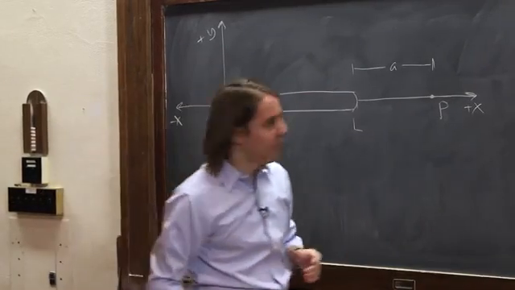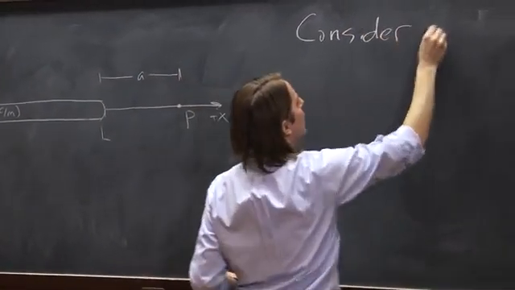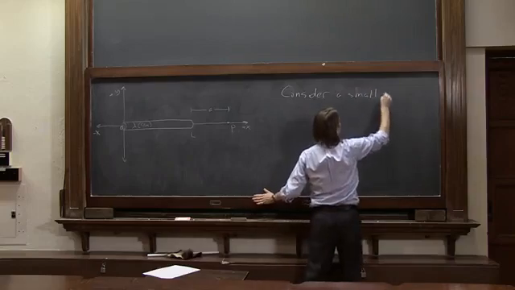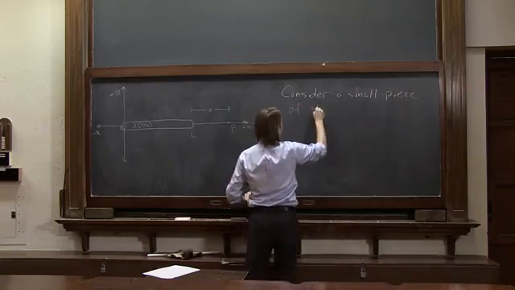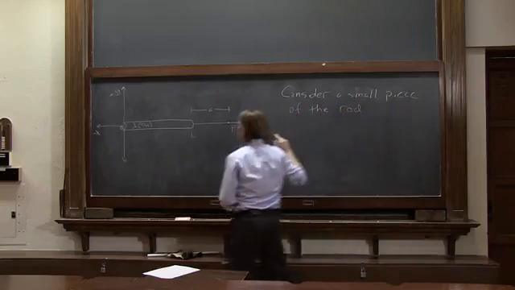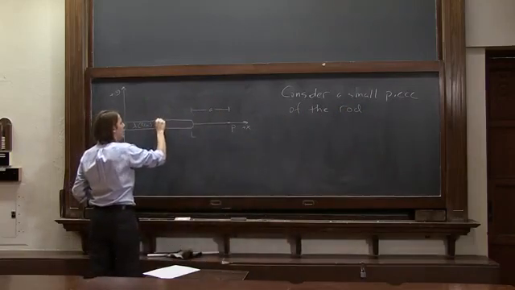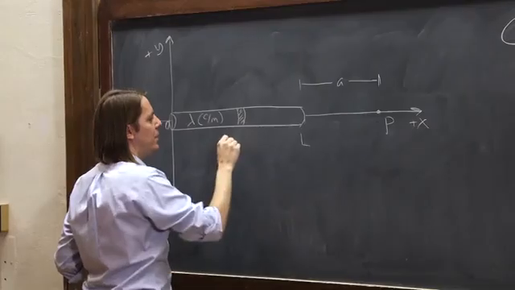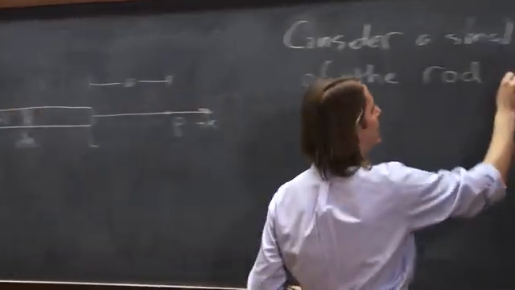So let's do this. Let's consider a small piece of the rod. So let's just say, instead of thinking of the whole rod at once, let's just grab a little chunk like this. And we can call it dx. A small piece of the rod, dx.